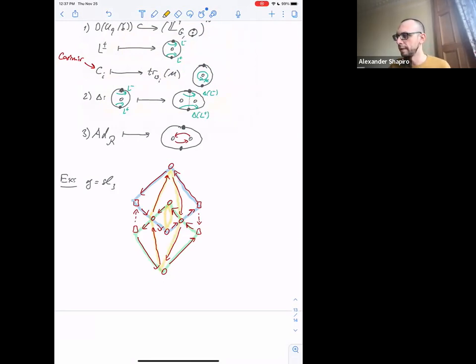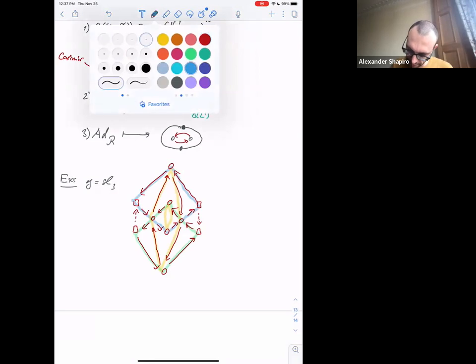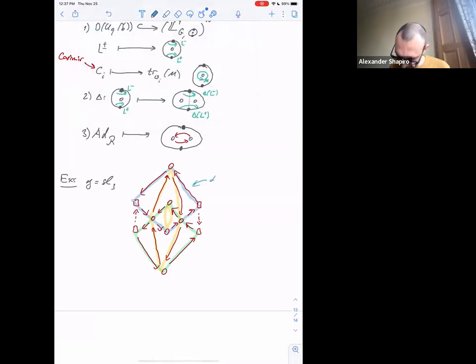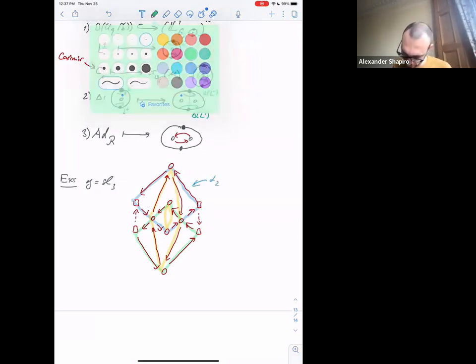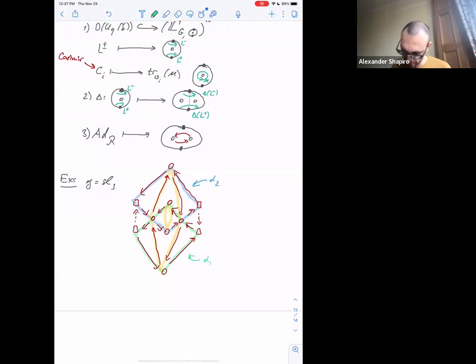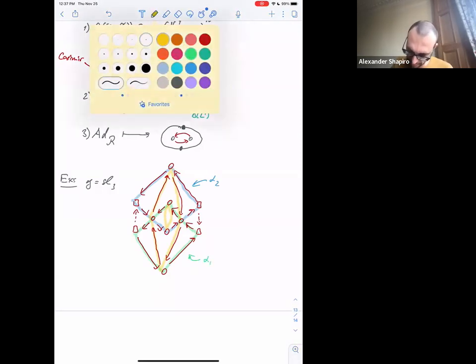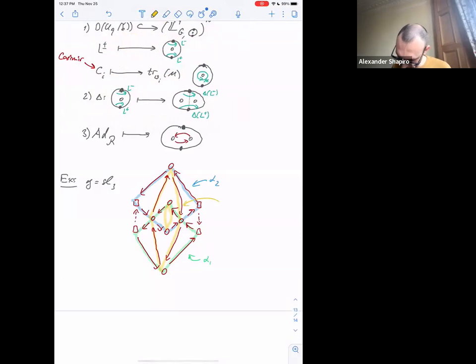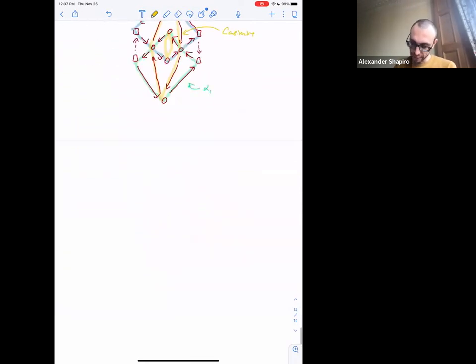Okay, so this is root alpha 2. This is root alpha 1. And these here are Casimirs, or rather, Casimirs are elementary symmetric functions of those. Okay, good. So that is a reminder.